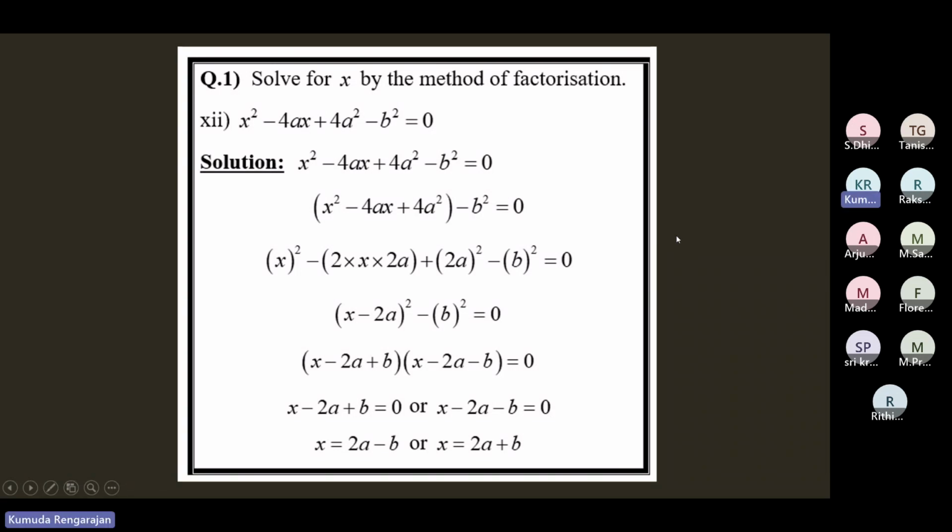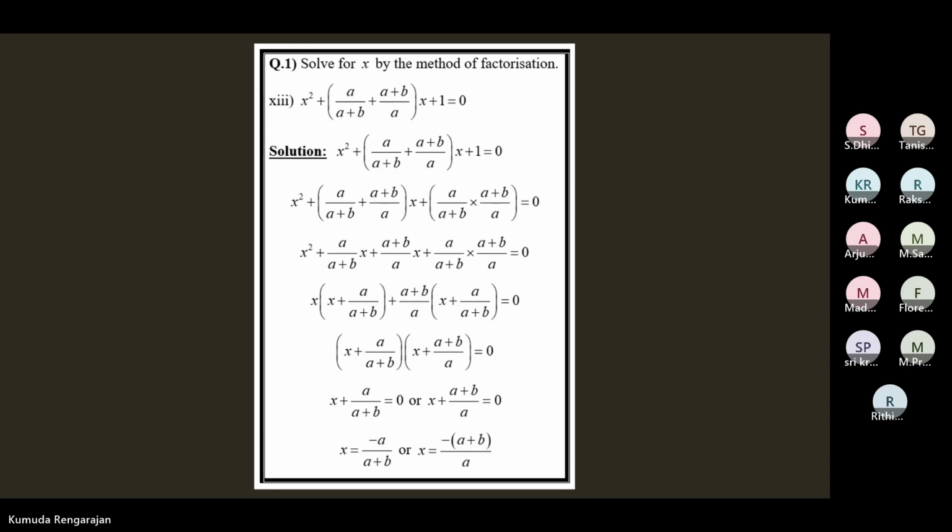Yeah, I think we're done with this. So here, children, we have this equation: x squared plus a by a plus b plus a plus b by a of x, a by a plus b plus a plus b by a of x plus 1 is equal to 0.